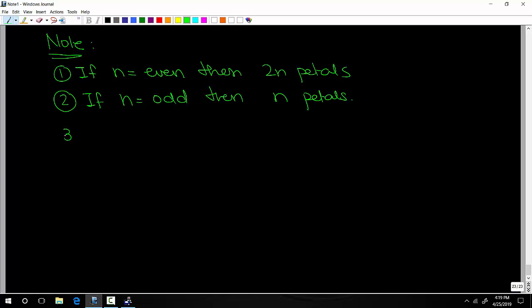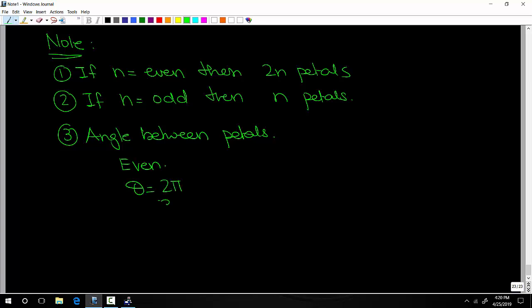Okay, and 3: the angle between petals. For even, the angle theta is 2 pi divided by 2n. And for odd, if n is odd, theta is equal to 2 pi over n.